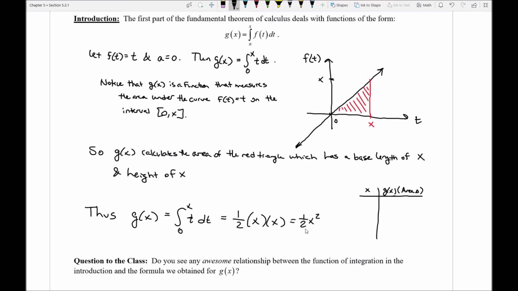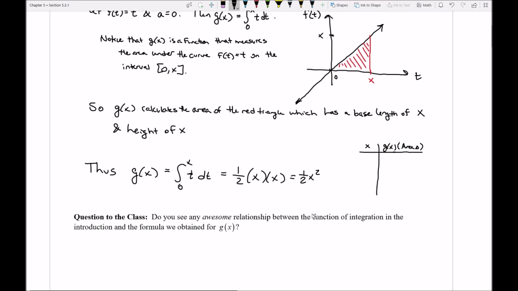And so what I can see here is that it has a simple formula of 1/2 x squared. Now the real interesting question here is, do you see an awesome relationship between the function that we were integrating and the formula that we ultimately could obtain here for g of x?